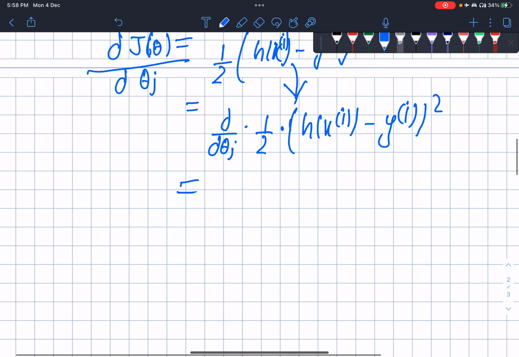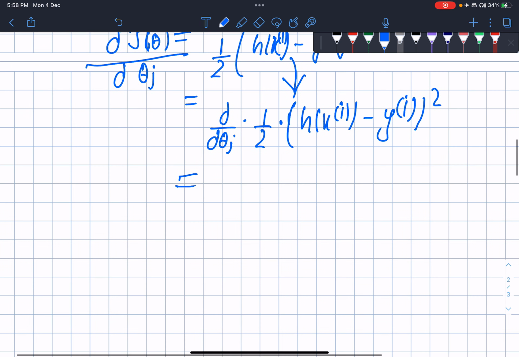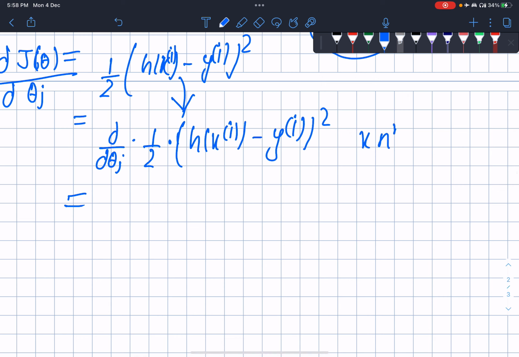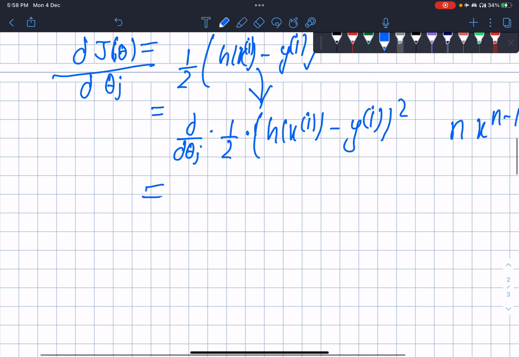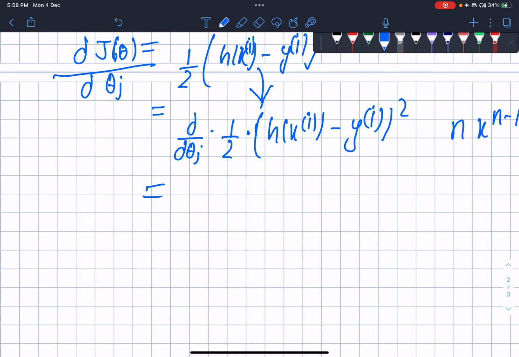Now, according to calculus and the chain rule, what we get is like this, the power of 2 minus 1, so we will expand it.